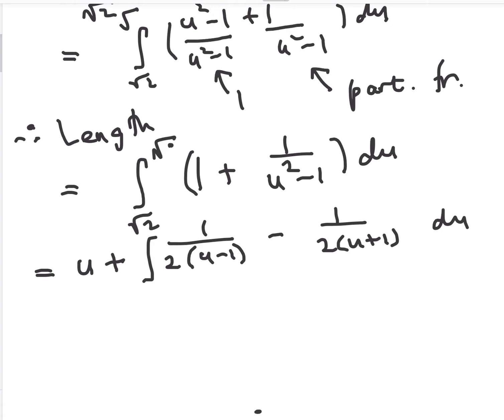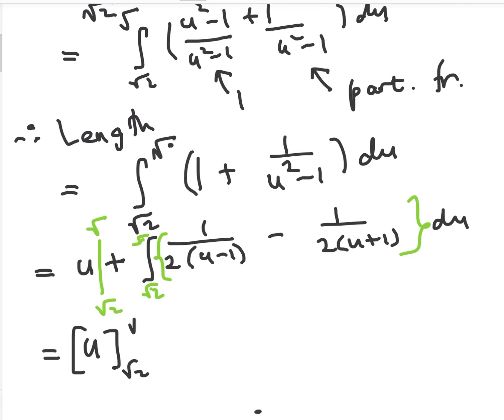So let me just indicate where these things are. There's a curly bracket there, and there's a curly bracket there, and of course for all of this there are limits. So here too, there's going to be a lower limit of square root 2 and an upper limit, some nasty square root. So this is equal to this. Let's leave this as u to be evaluated between square root 2 and the other square root.